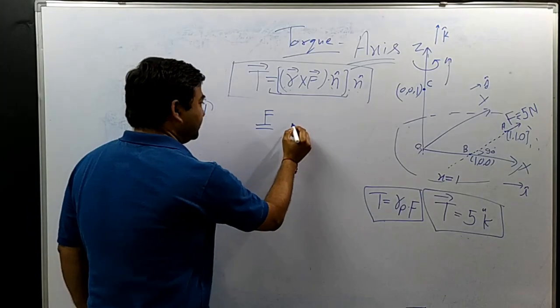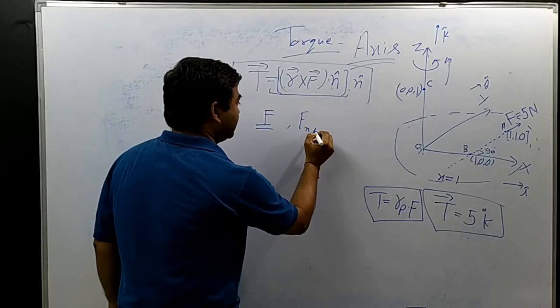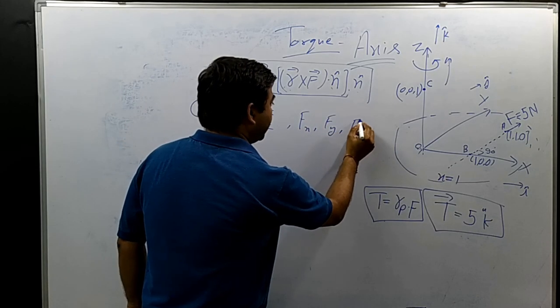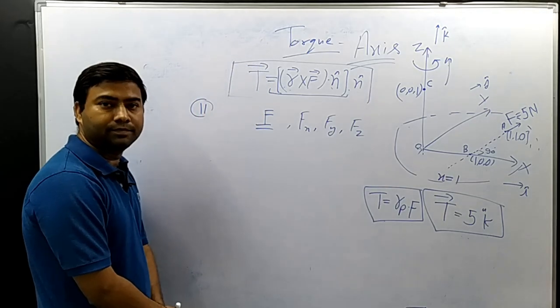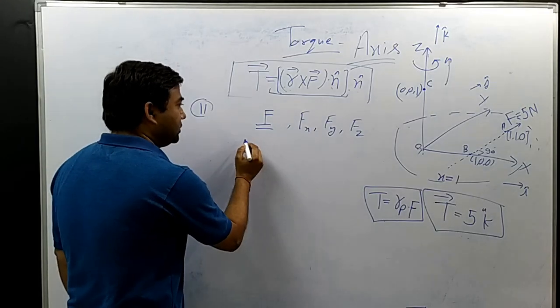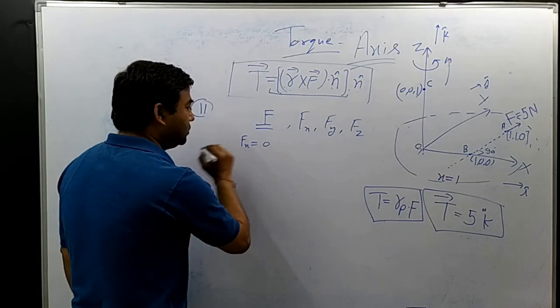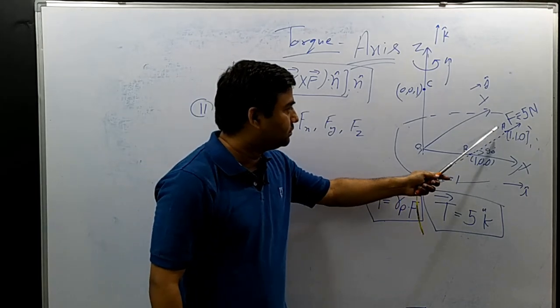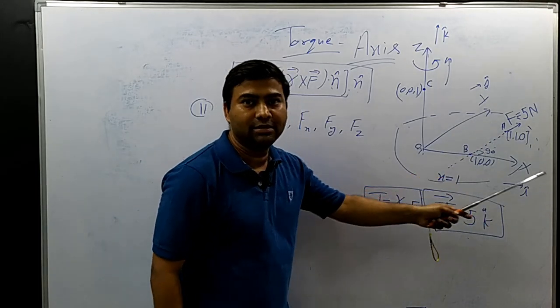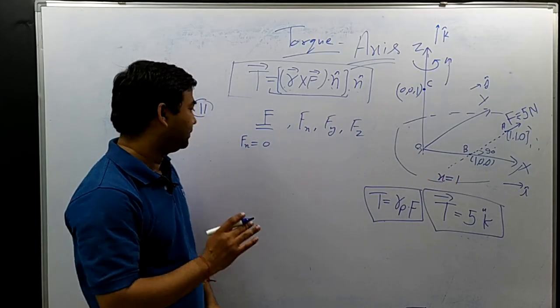Now we will break F into Fx, Fy, Fz directions. For this force, you can easily see Fx is equal to 0 because this is parallel to the y-axis, so the components along the x-axis and z-axis are 0.